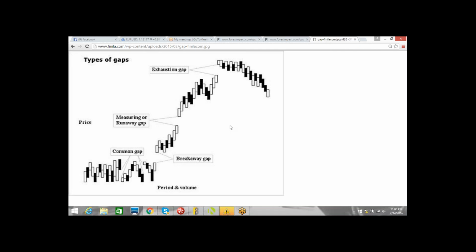Does anybody know what a breakaway gap is? Looking at my chart here, you might be able to guess. You see it labeled right here as breakaway gap.